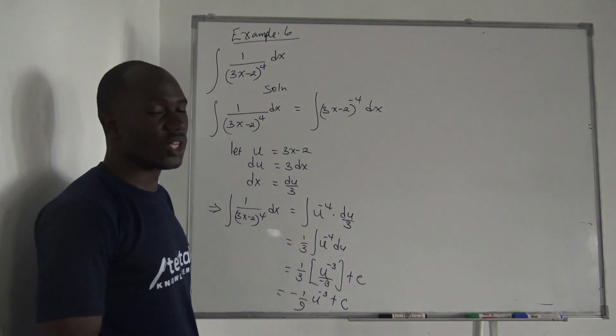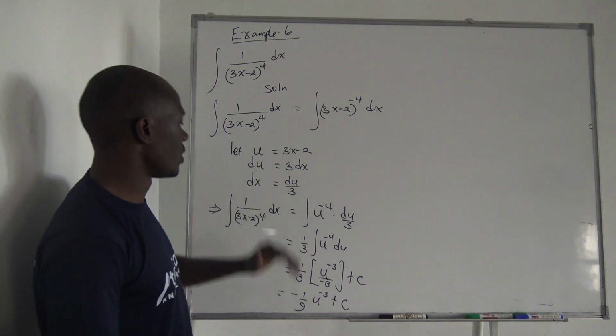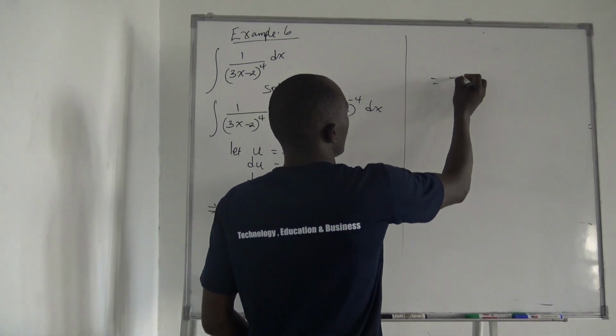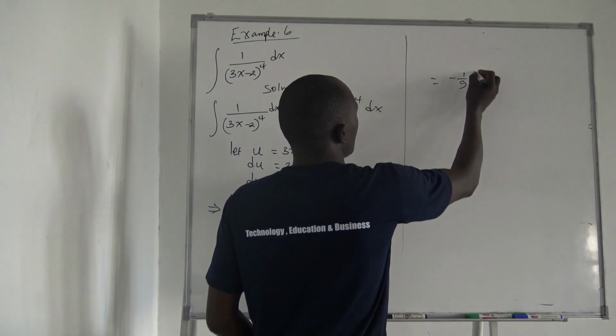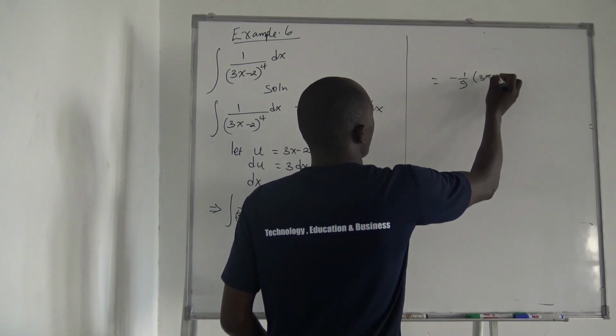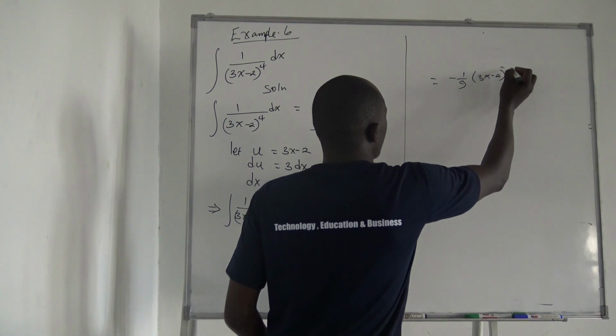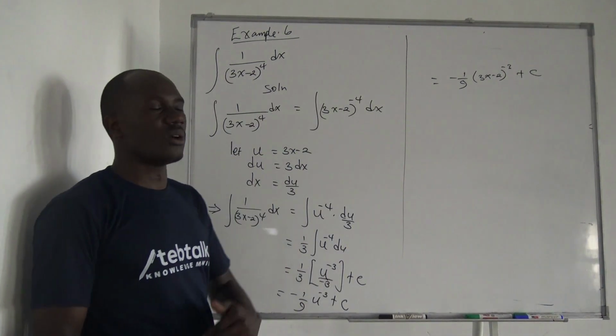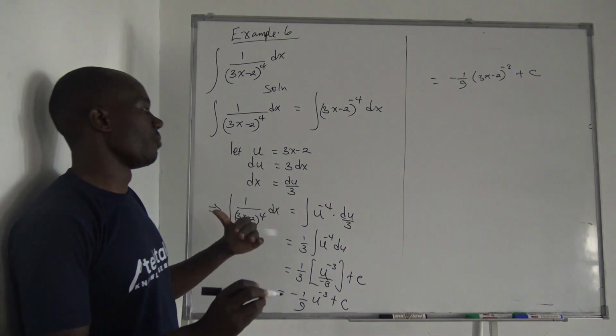But do we know our u? Our u is already 3x minus 2. So this becomes negative 1 out of 9 into (3x minus 2) power negative 3 plus c. If you want to take it down, you can still take it down, no problem with it.